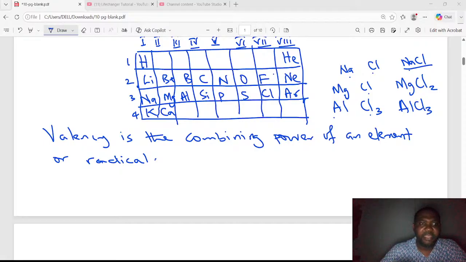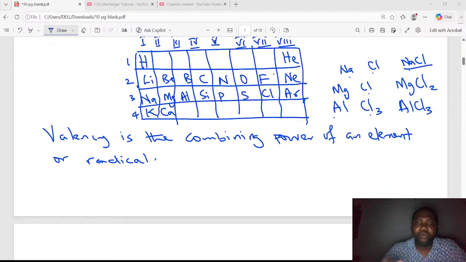Now, if sodium combines with chlorine, it will be written as NaCl, that is sodium chloride. If magnesium combines with chlorine, it is written as MgCl2. If aluminium is combined with chlorine, it will be written as AlCl3.